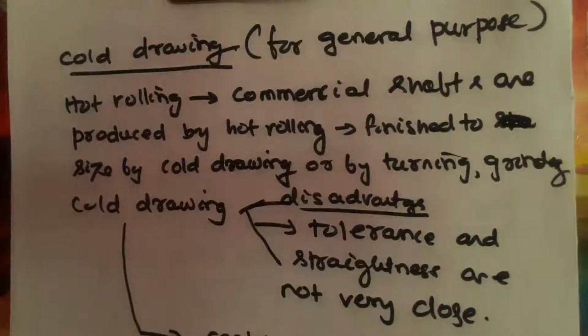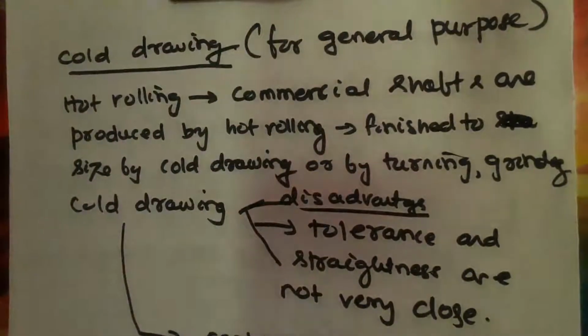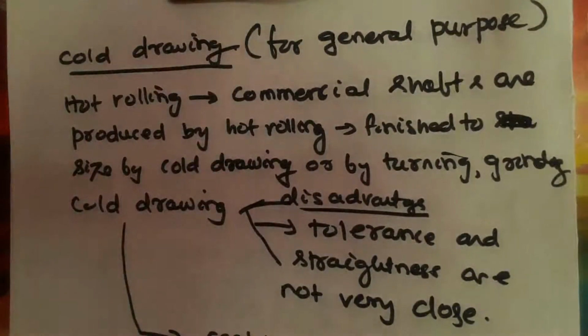So now we will be discussing how the shafts are commercially manufactured and what are the advantages of hot rolling, cold drawing and machining of the shafts over each other. Generally, commercial shafts made of carbon steels or alloy steels initially go through the hot rolling operation.